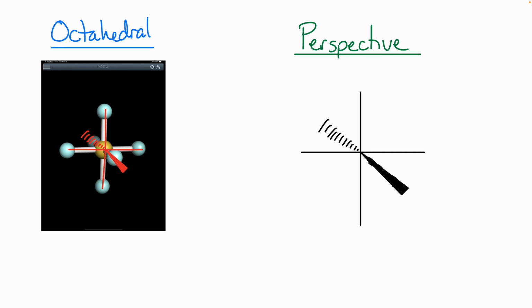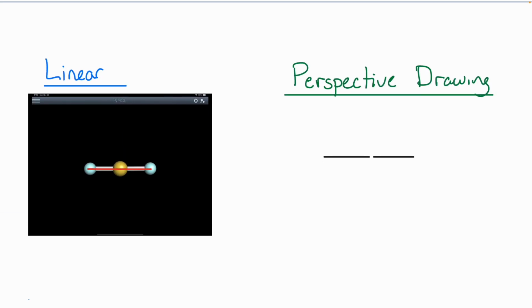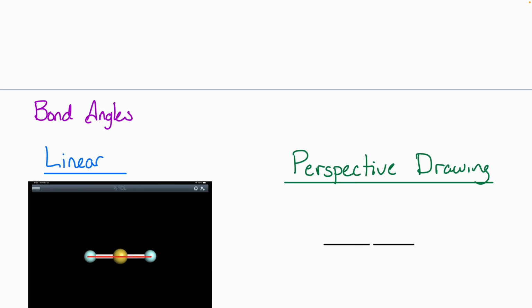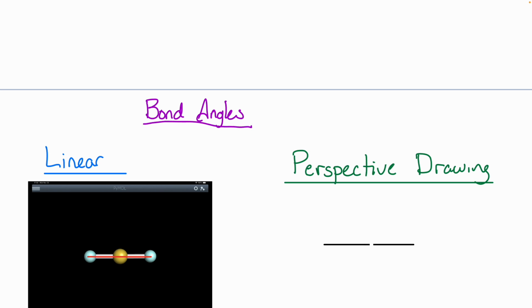The next thing we're going to talk about here, we're going to go through and label all of these with what are called their bond angles. Okay, and our bond angle is just the angle between 2 covalent bonds.